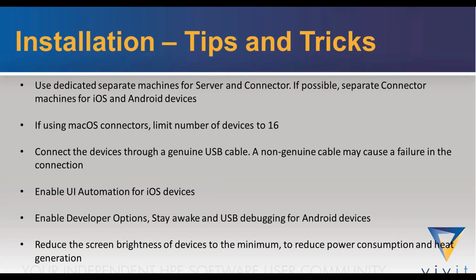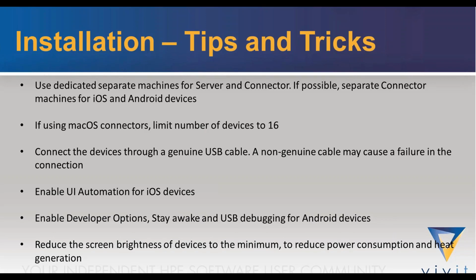And we advise you, for Android, to have the devices stay awake. That way, they don't lock themselves. That would mean even for iOS devices, disable the auto lock so that you can connect to the devices.